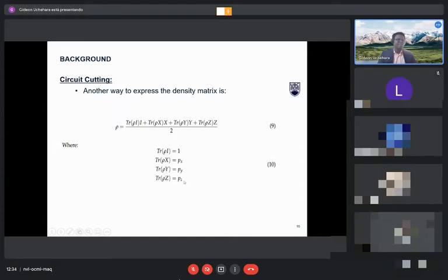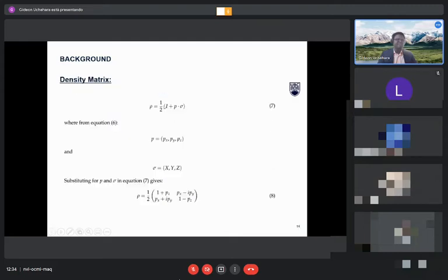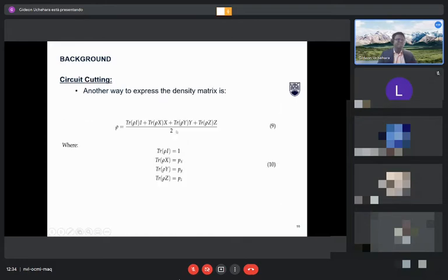And this is not different from the point p that we earlier computed, except that in this case, the trace of rho and the identity, which is the expectation value of the identity matrix, is just 1. So 1 times this will return us back to this identity there. The trace corresponds to the expectation value of Pauli X, which is p sub x, and the expectation value of Pauli Y, which is p sub y, and so on.